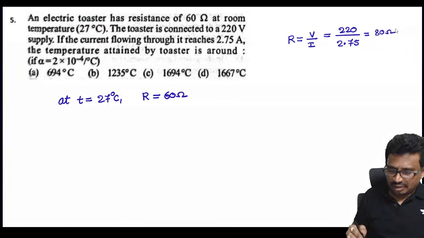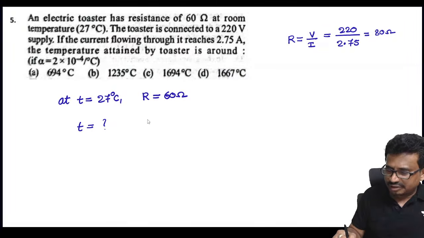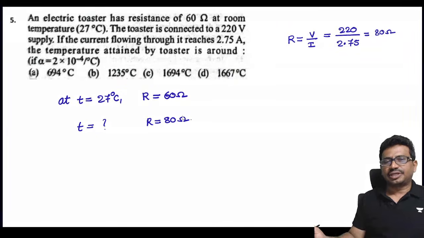Okay. Now, they are saying at some temperature T, which we don't know, the resistance is 80 ohms. They have given alpha also. They ask us to find the temperature.